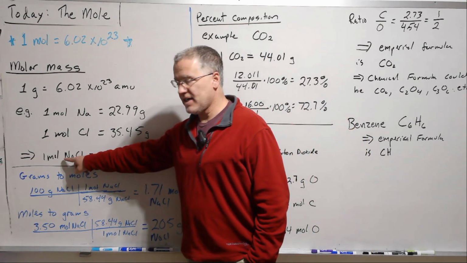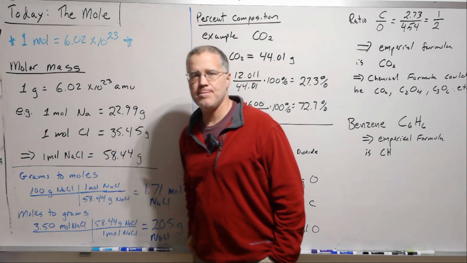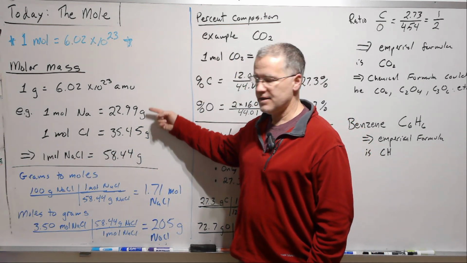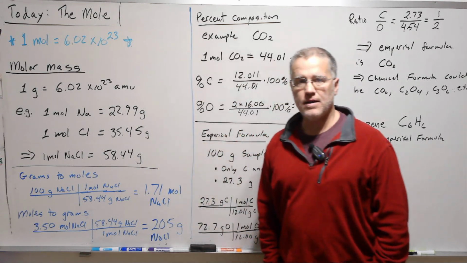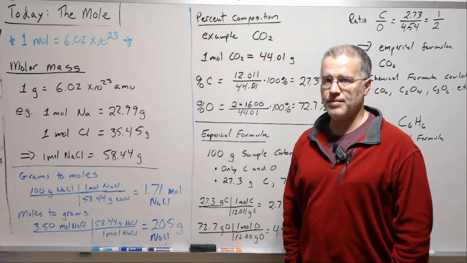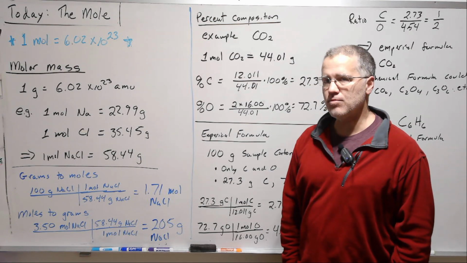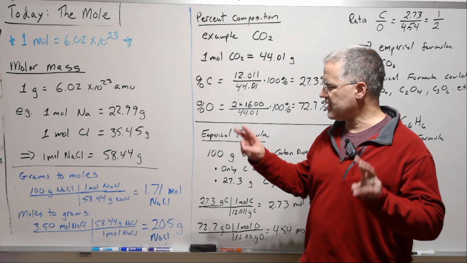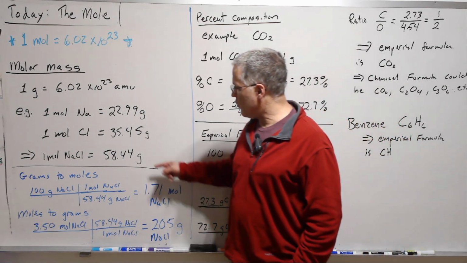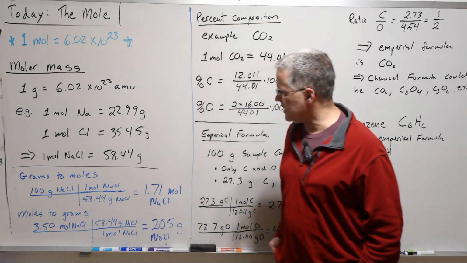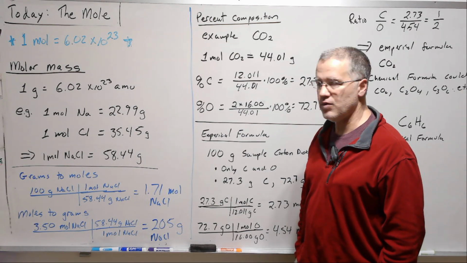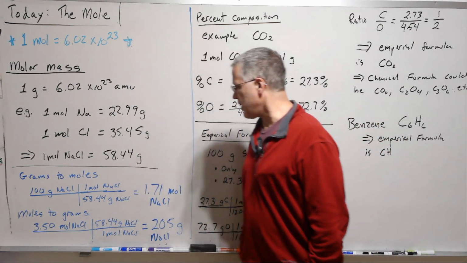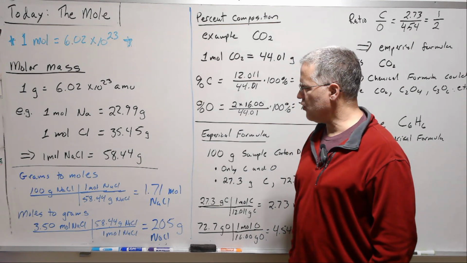Now, when we make a compound such as sodium chloride, then we simply add the masses to get what's called formula weight or formula mass, sometimes called molecular mass, even if we aren't talking specifically about what's technically a molecule, or compound mass. And so that's what we see here. So this has a formula weight of 58.44 grams for every 1 mole.